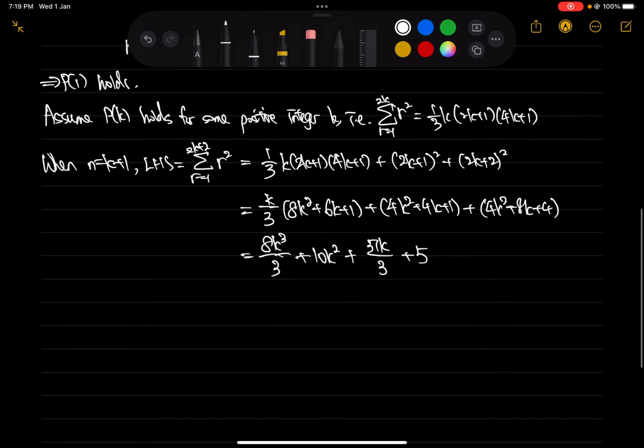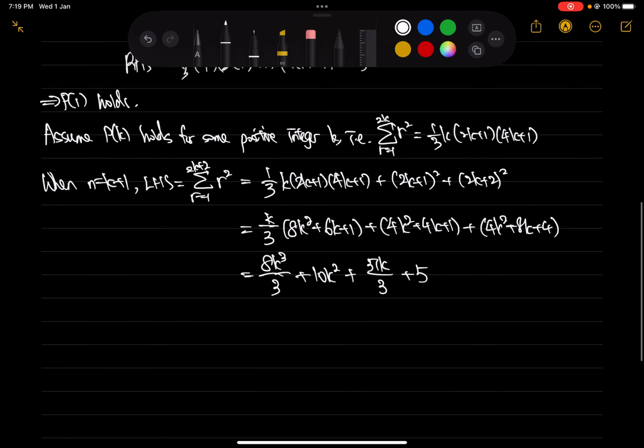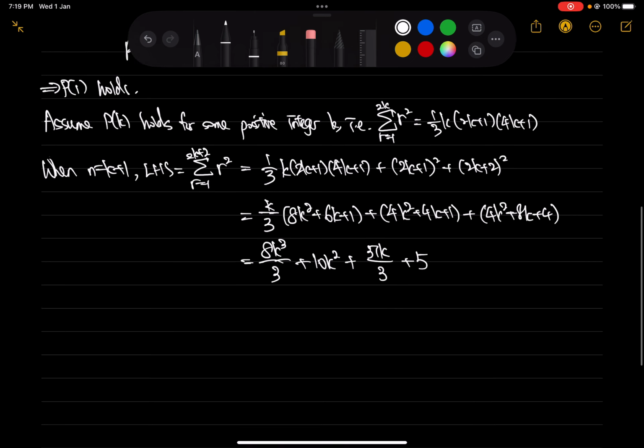So that's LHS, and it's impossible to go backwards to the other side.